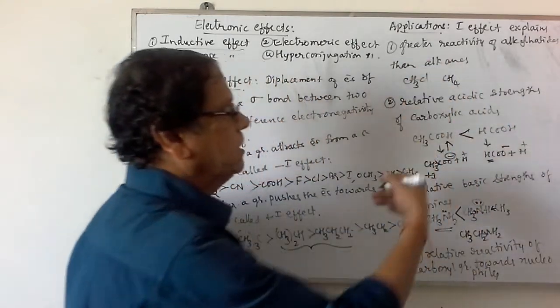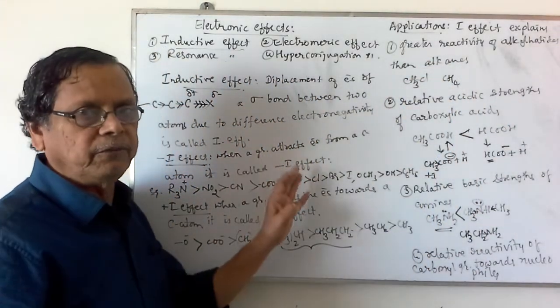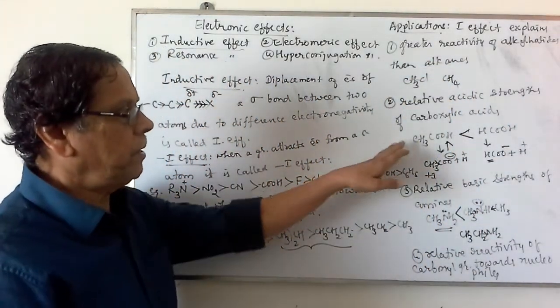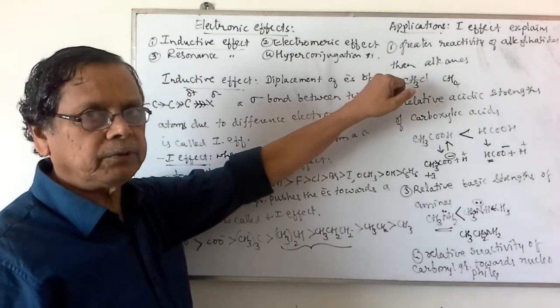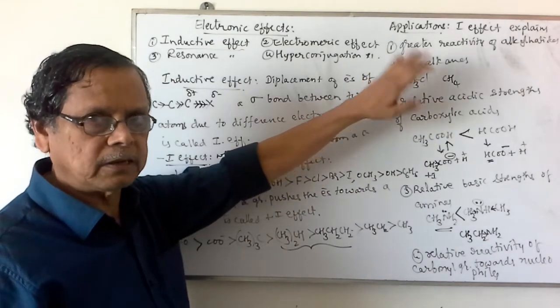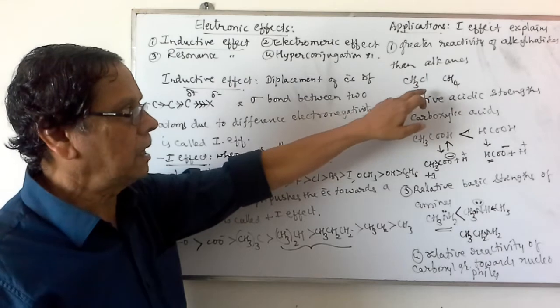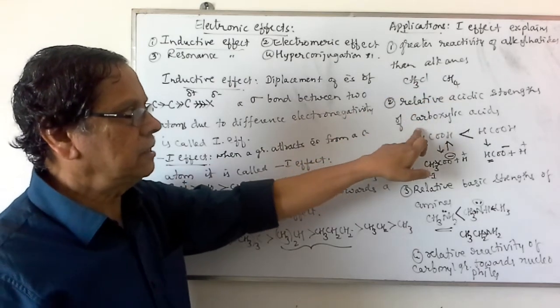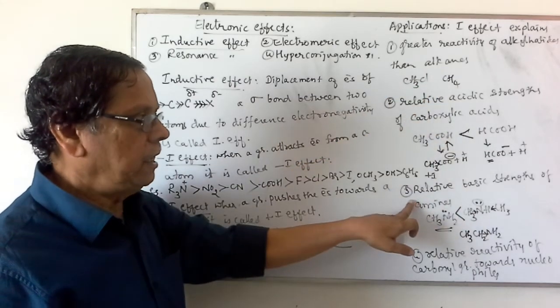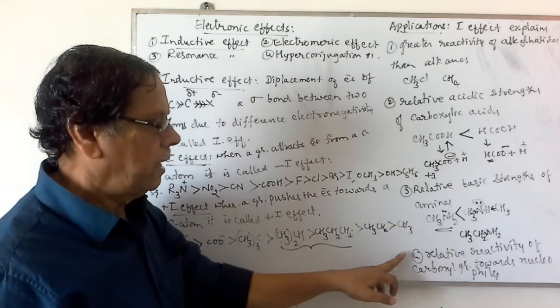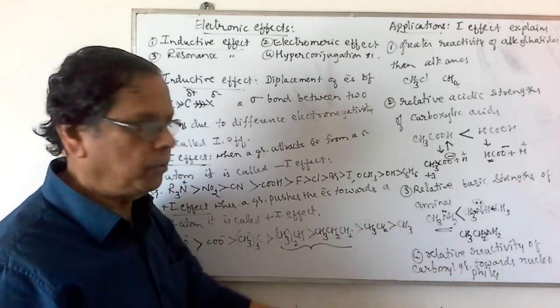So these are the various applications of the inductive effect. Using these we can explain the greater reactivity of the halogenated compounds as compared to aliphatic compounds or alkanes, relative acidic strengths of the carboxylic acids, relative basic strengths of the amines, and relative reactivities of the carbonyl compounds.